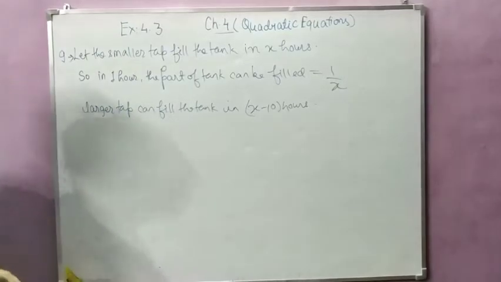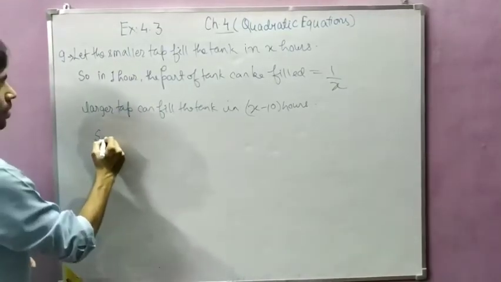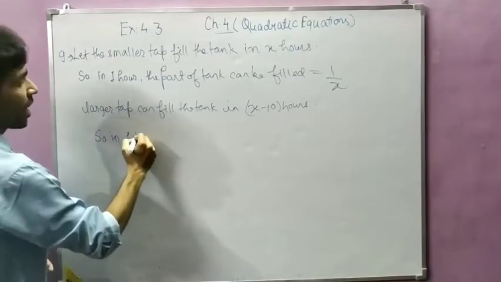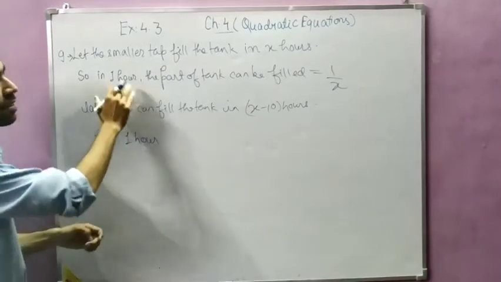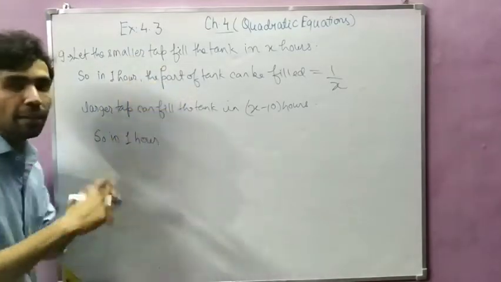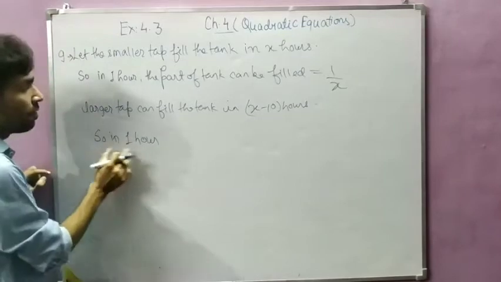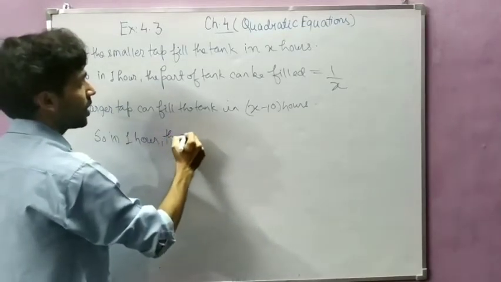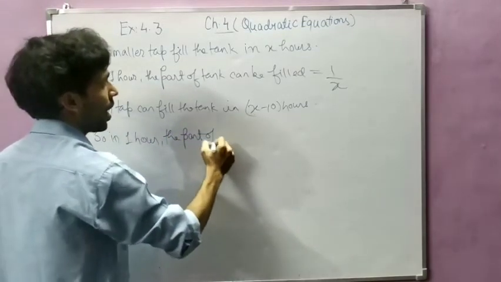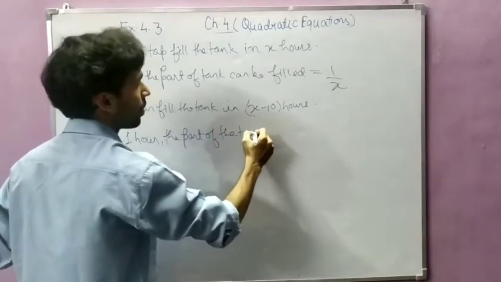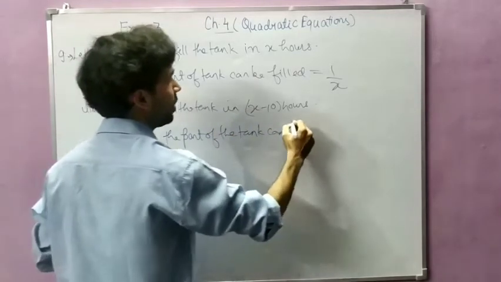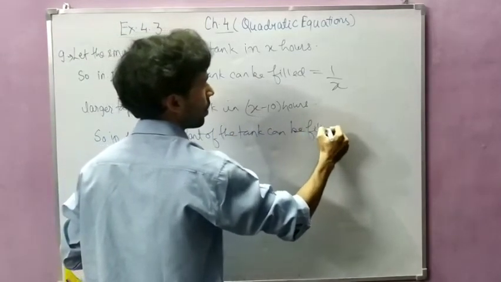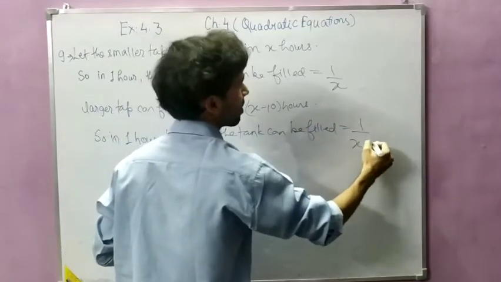So in 1 hour, as we have solved for the smaller tap, the same we will do for the larger tap. So in 1 hour, the part of the tank that can be filled is 1 upon x minus 10.